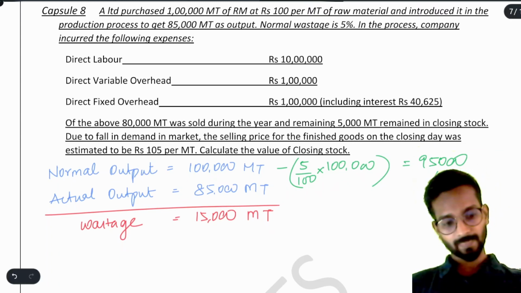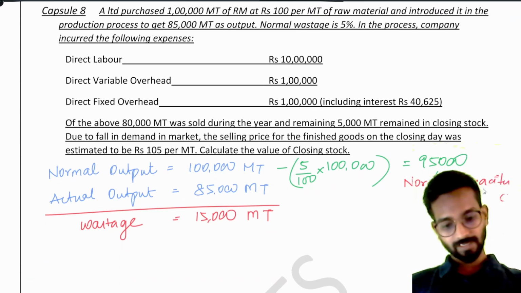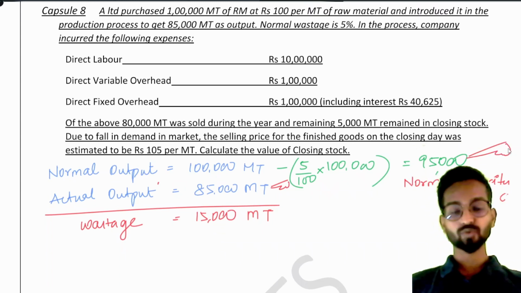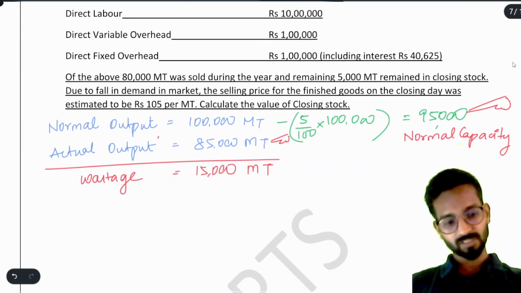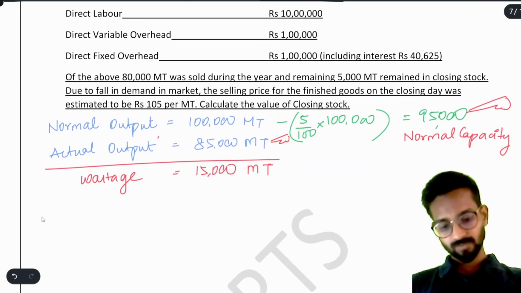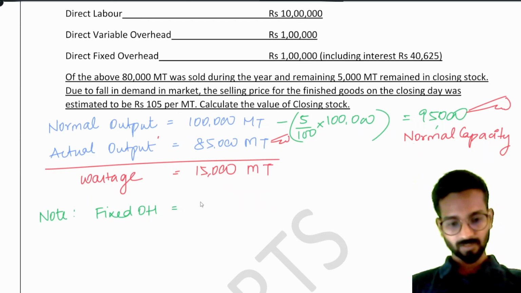Okay, 95,000 is my normal capacity and my actual output or my actual capacity is 85,000 metric tons. Understand? Okay, why? Because it will help us to calculate fixed overheads. Now if I ask you how much is my total fixed overhead, so note fixed overheads will be 1 lakh was my total fixed overhead.